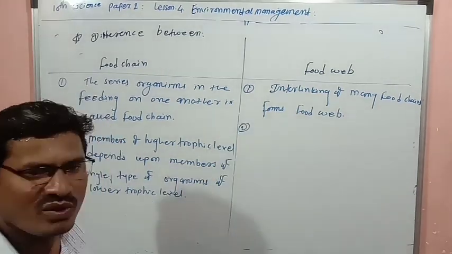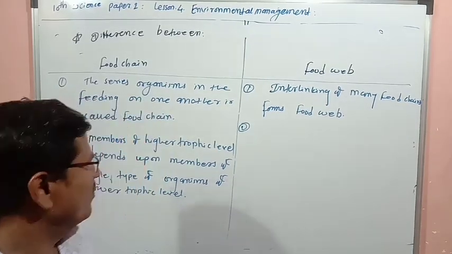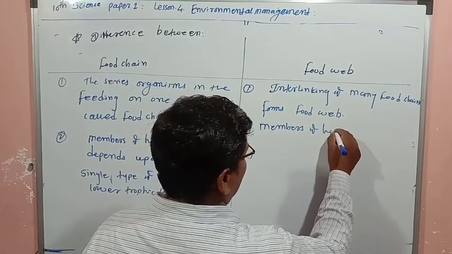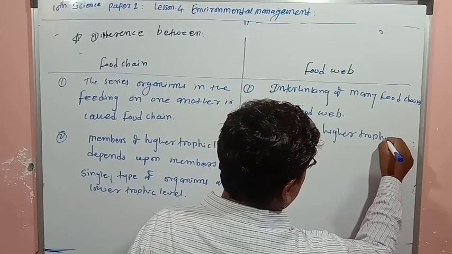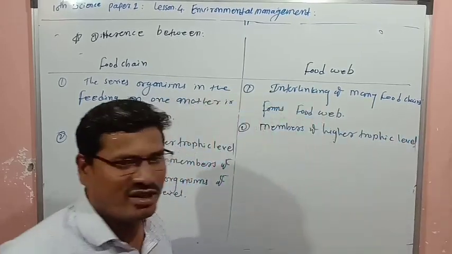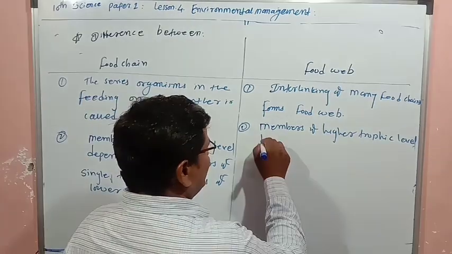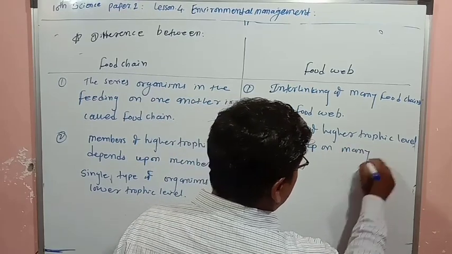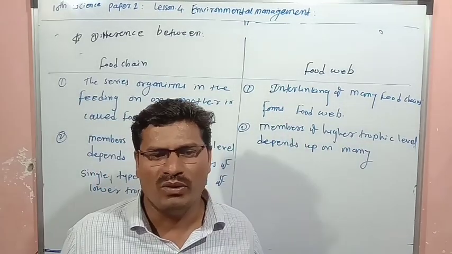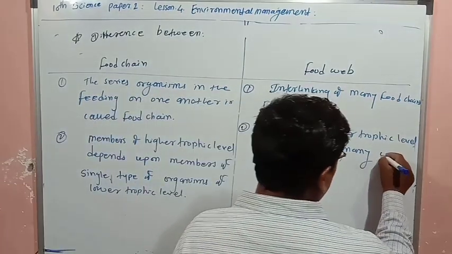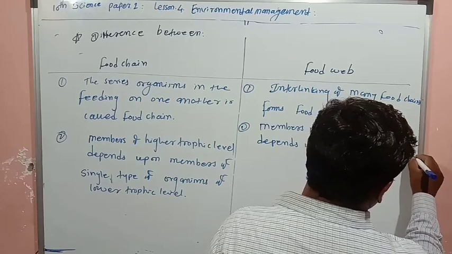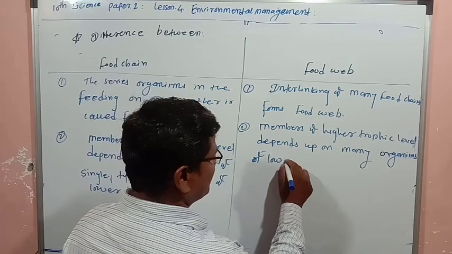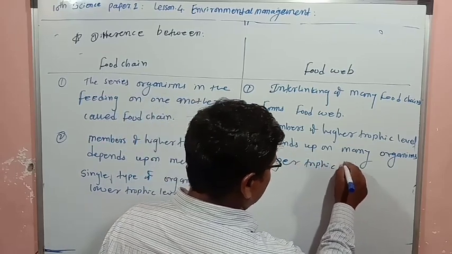In the food web, members of the higher trophic level depend upon many organisms of lower trophic levels.